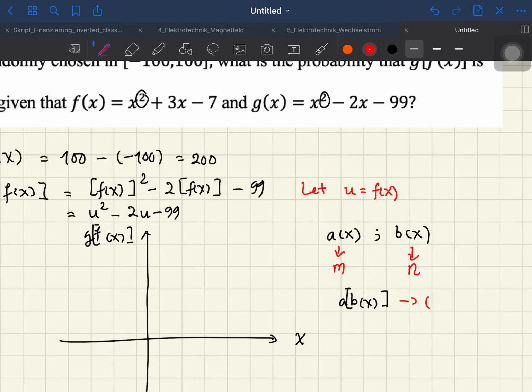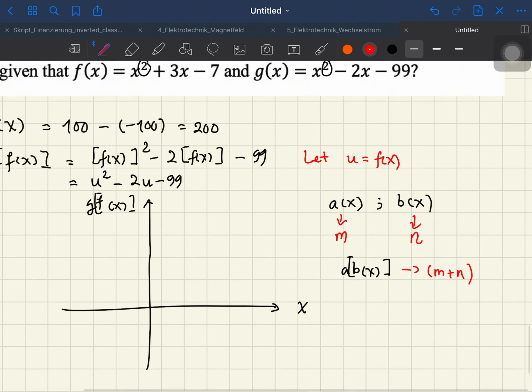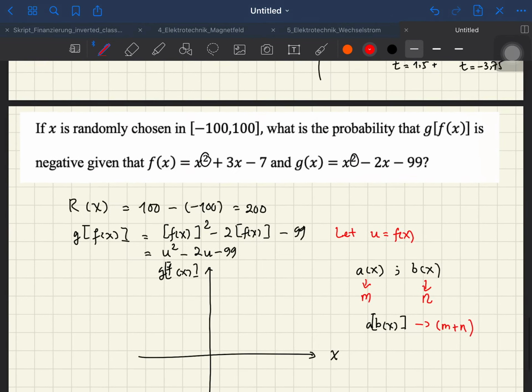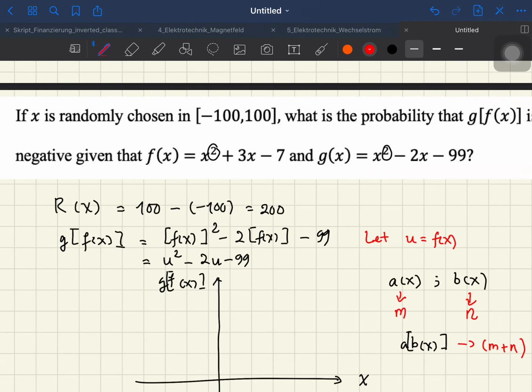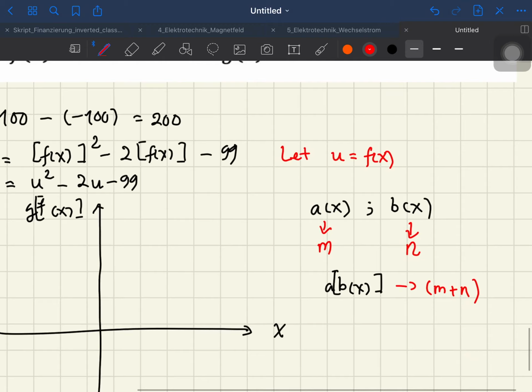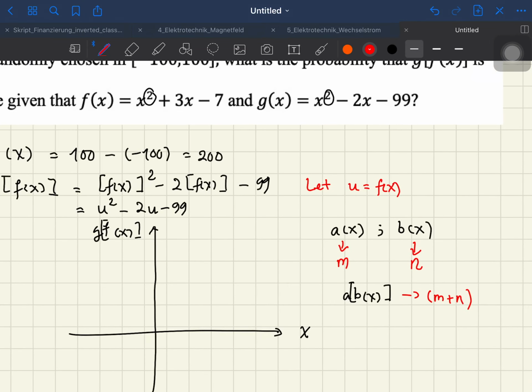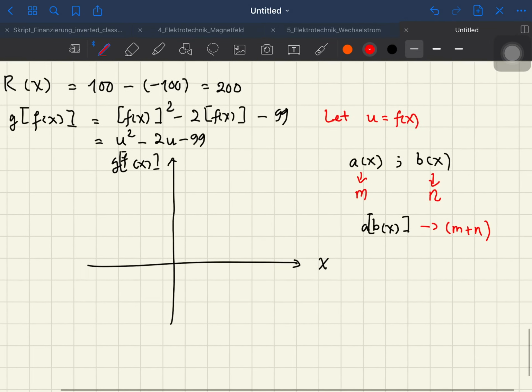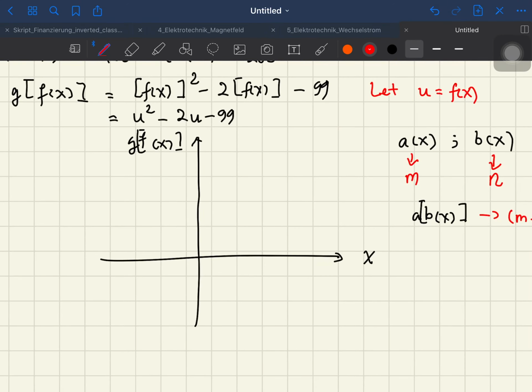You will have m plus n. The same goes for this concept. If f(x) has a highest degree of 2 and g(x) has a highest degree of 2, then gf(x) or fg(x) will have the highest degree of 2 plus 2, which equals 4. So you must have a quartic curve.